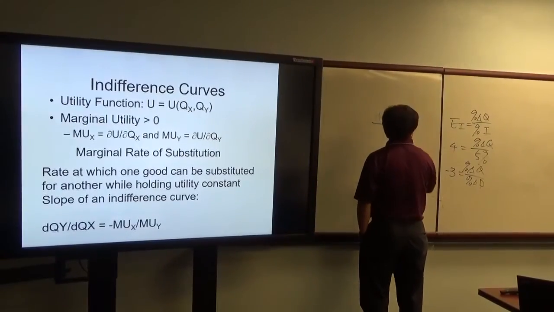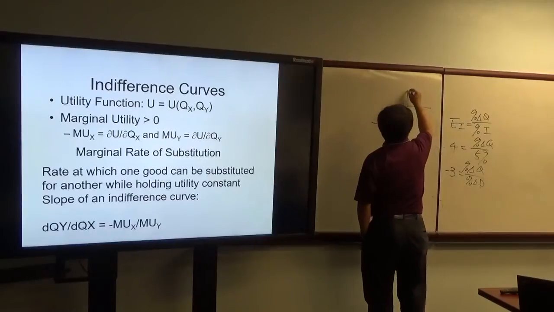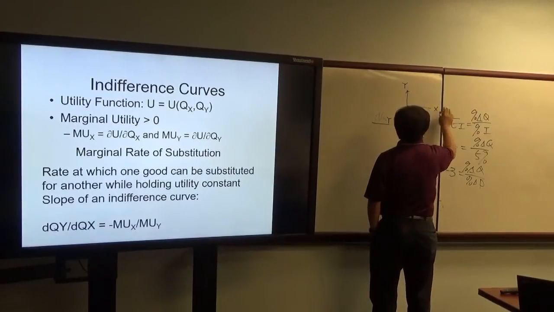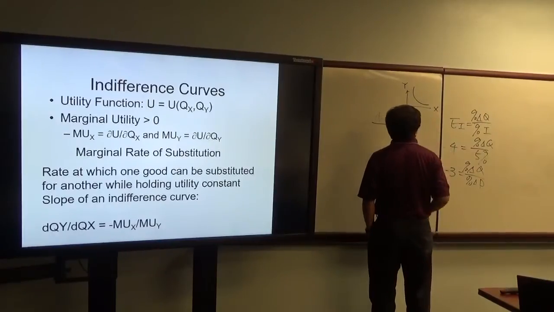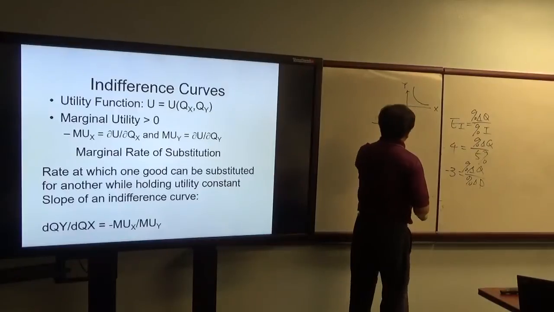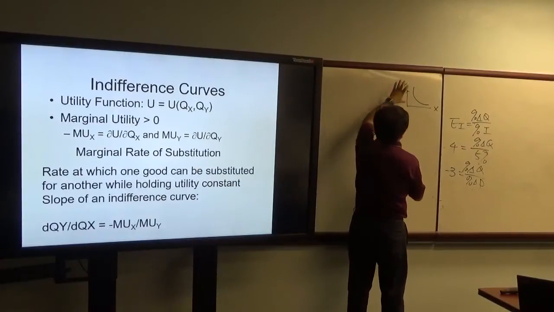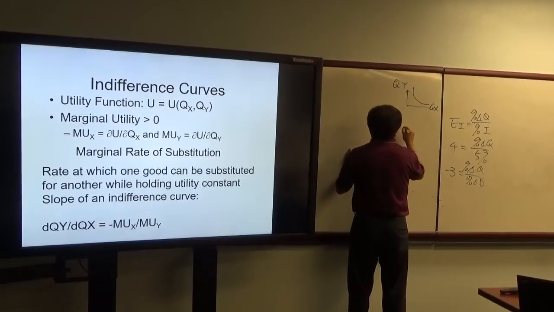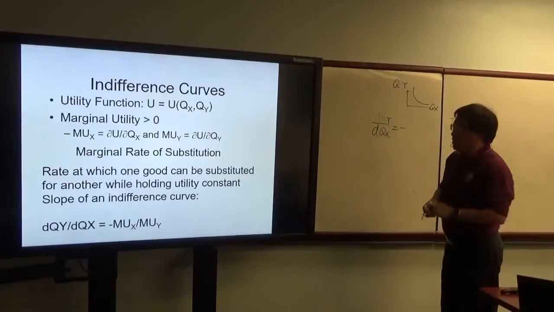Y is the product on the vertical axis, and x is on the horizontal axis. So this gives you the same happiness level. But the slope of this indifference curve is dqy over dqx. That's called the marginal rate of substitution.